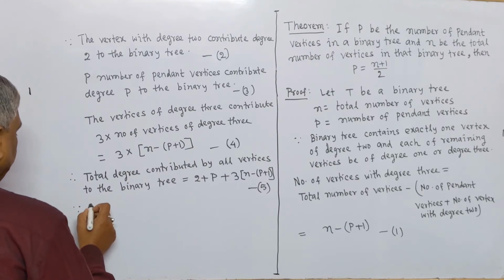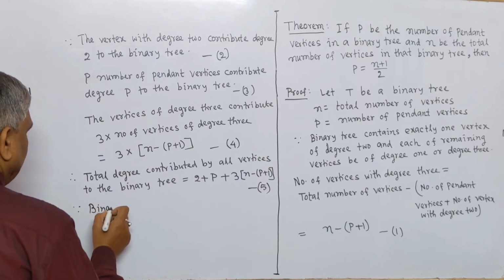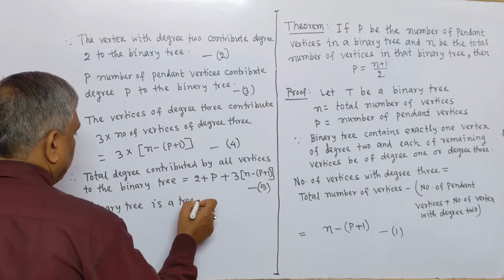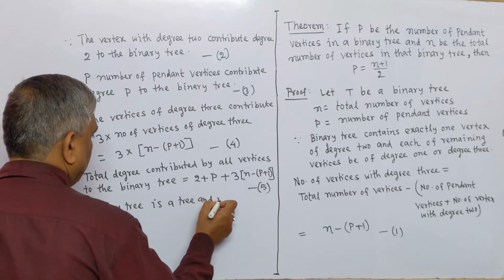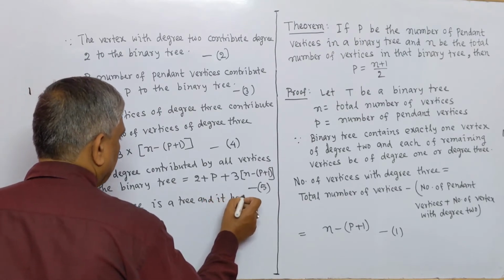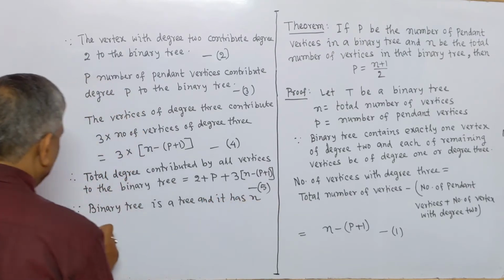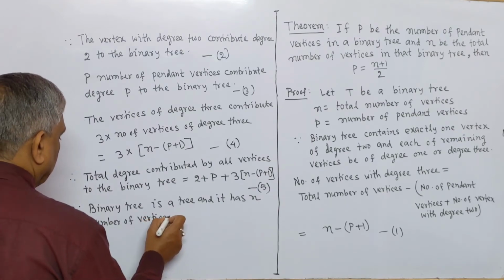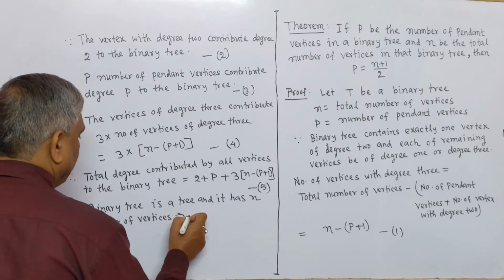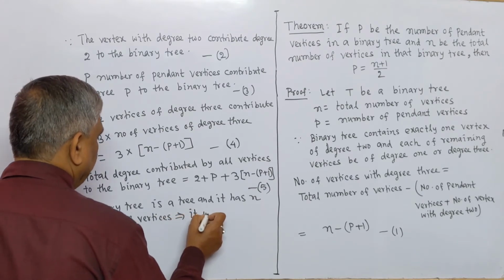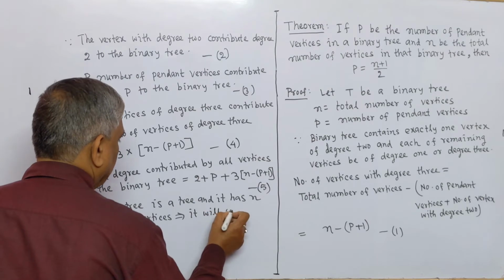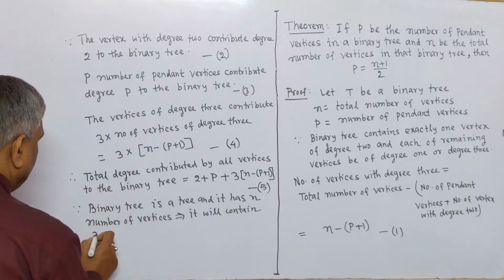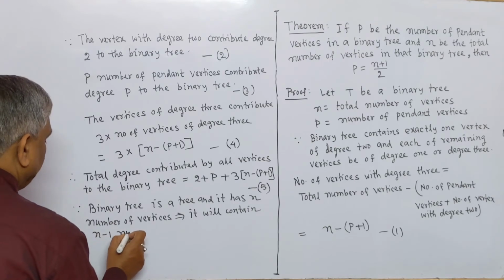Since a binary tree is a tree and it has n number of vertices, it will contain n minus 1 number of edges.